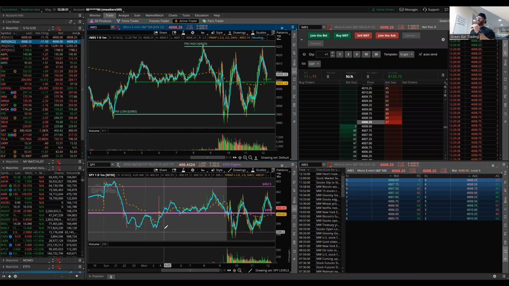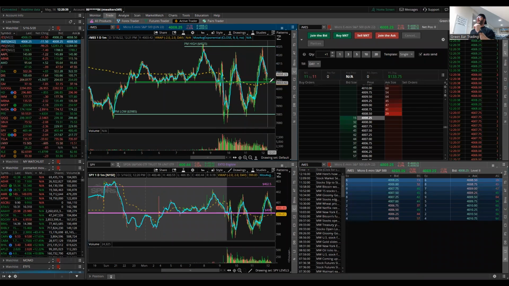The 400 level is where we saw a lot of resistance and then support in the pre-market. So I have that right here at 4,004, which equates to the same area on the SPY.